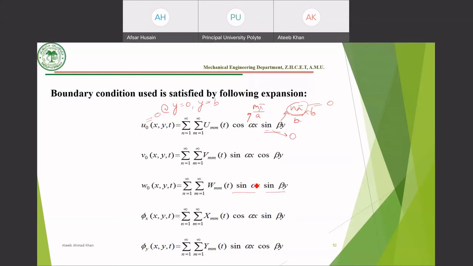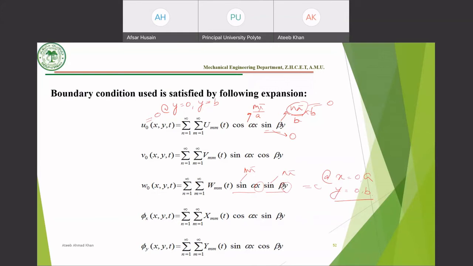So it will be 0 obviously when we take x equal to 0 and y equal to 0, and it will be sine m pi and sine n pi in case of x equal to a and y equal to b. So it will be equal to 0 at x equal to 0 and x equal to a, and y equal to 0 and y equal to b. I hope this expansion and this assumption is clear to you.